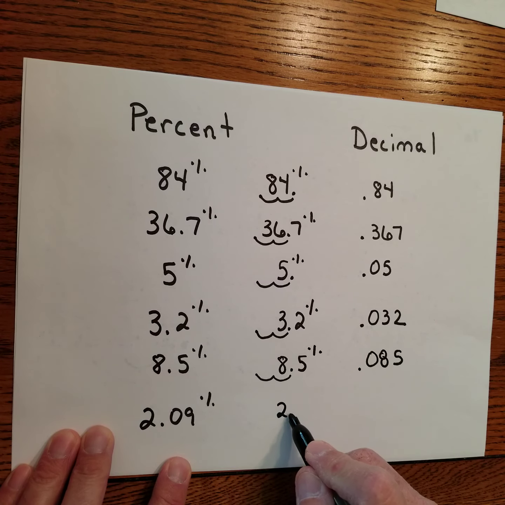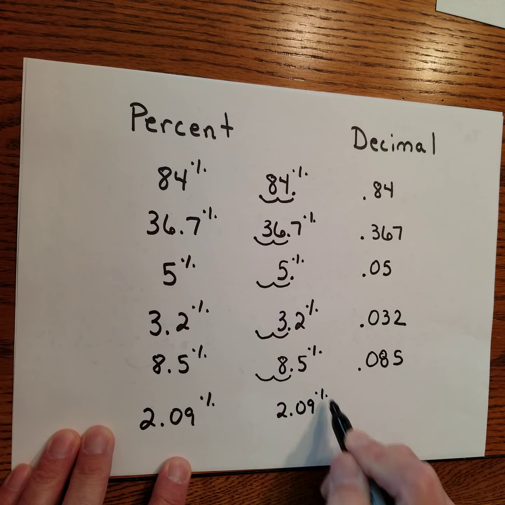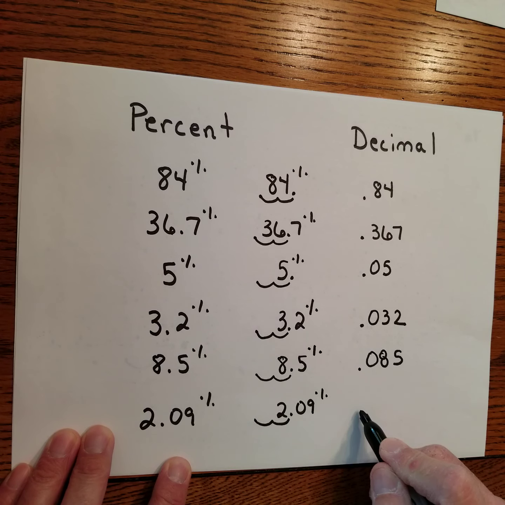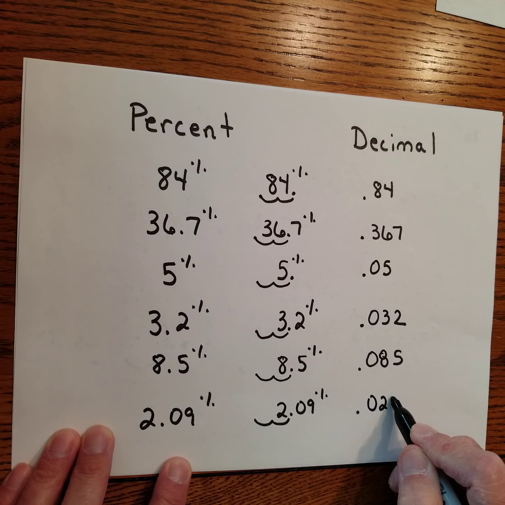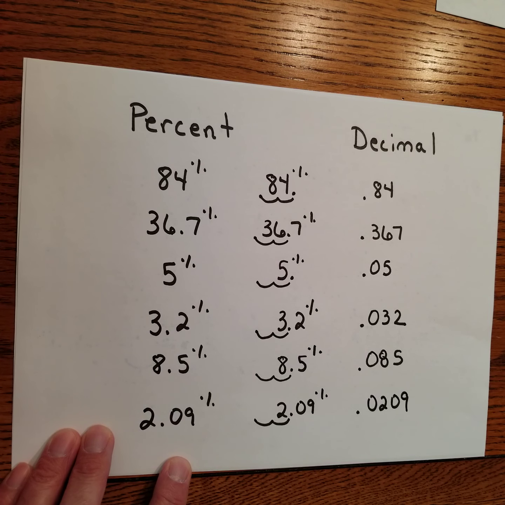If your percentage is 2.09%, you'll use 0.0209.